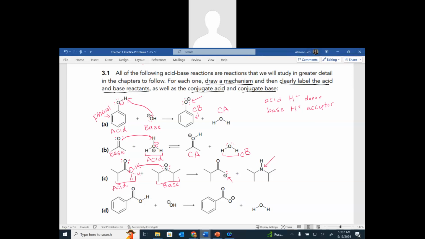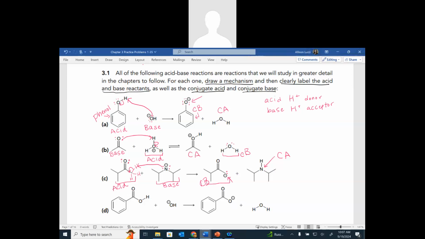We see a lone pair on our product side, and this would then be our conjugate base, our CB. And the nitrogen species, the amine that we see here, would then be our conjugate acid. It has one more proton than the nitrogen species that acts as a base.